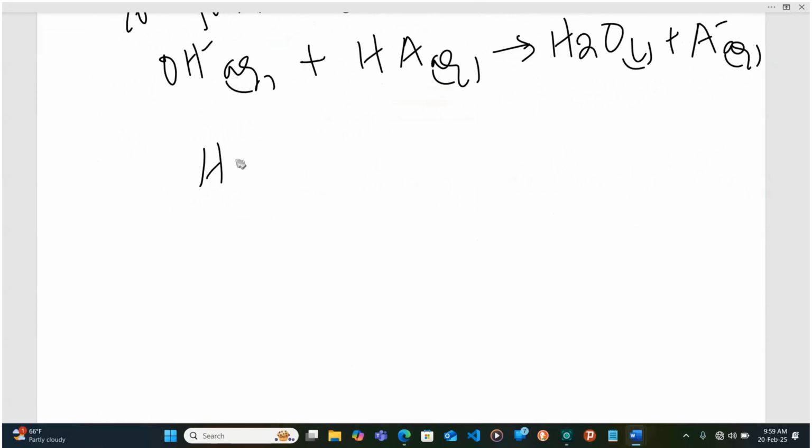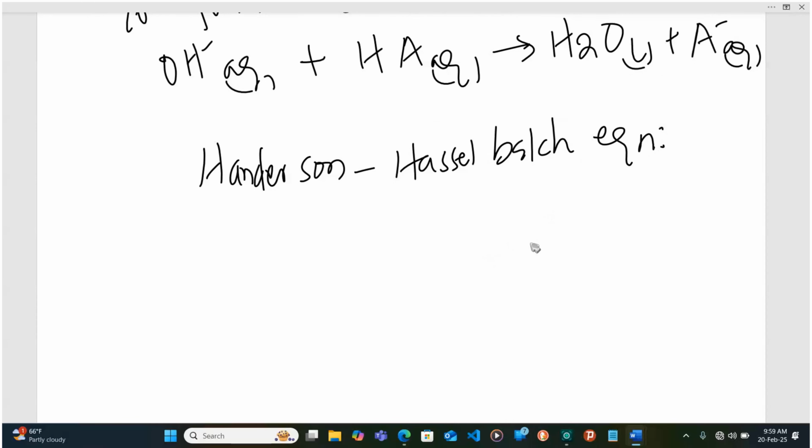Let's talk about the Henderson-Hasselbalch equation. It is an equation that is used in calculating the pH of a solution, that is, the pH of a buffer solution.